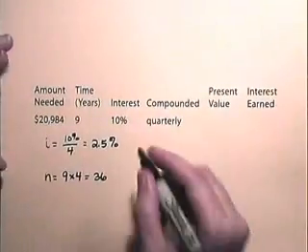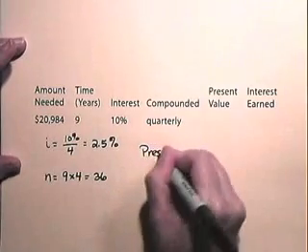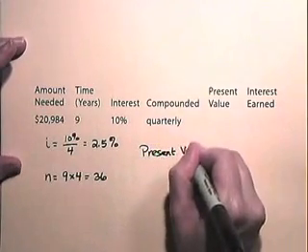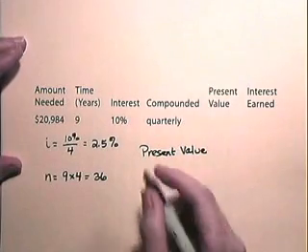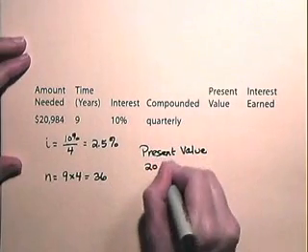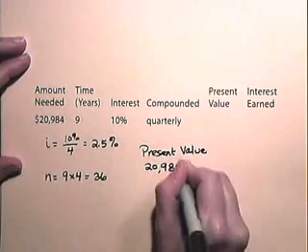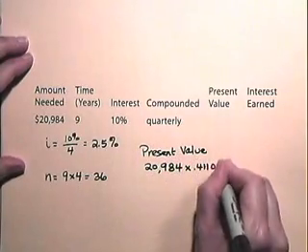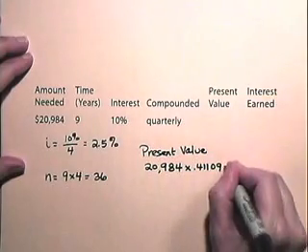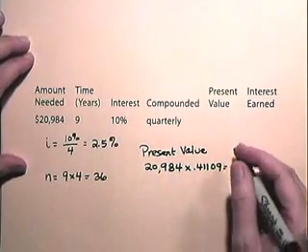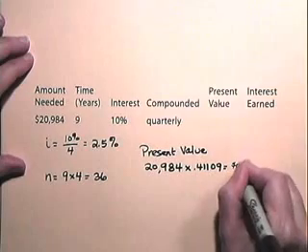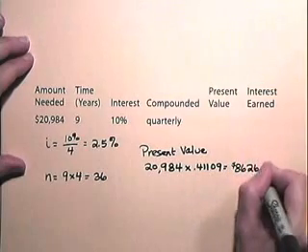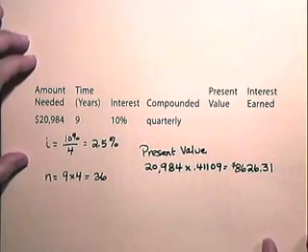So the present value of this amount is $20,984 multiplied times 0.41109, which is $8,626.31.